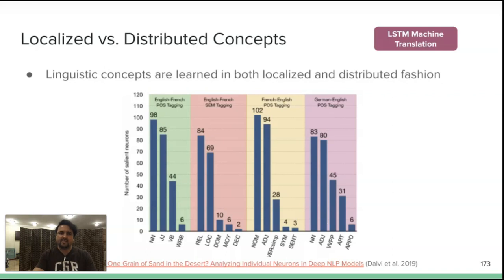In their analysis, they found that some concepts such as functional words are localized to fewer neurons, as opposed to open class words that are distributed to many neurons. So for example, months of the year and WH adverbs require fewer neurons in the network as opposed to nouns and adjectives, which are open class categories and are captured by many neurons.